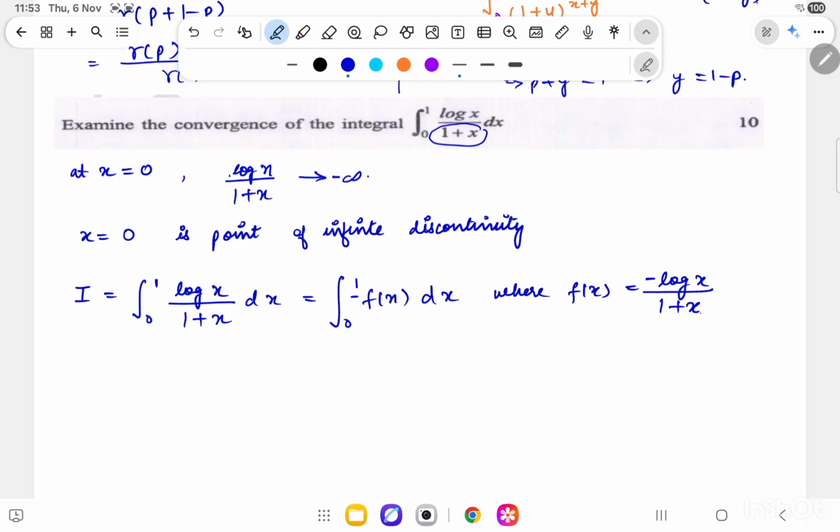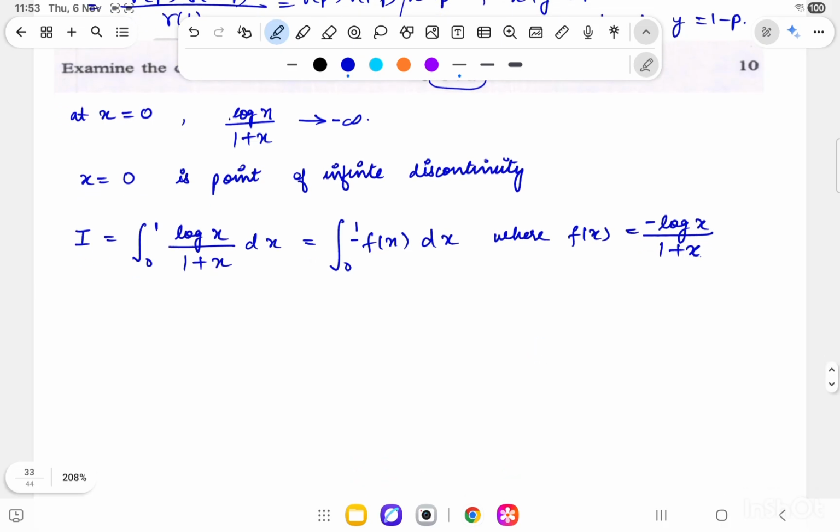I'm introducing this minus sign in order to make the integrand positive, because log 0 is negative infinity. Now let's assume some other function. Let us take some function g(x) as square root of 1 by x.